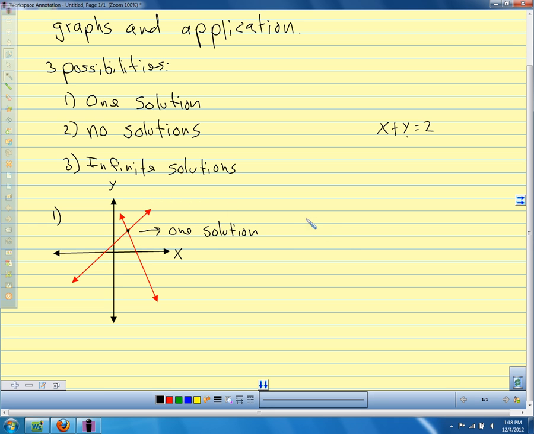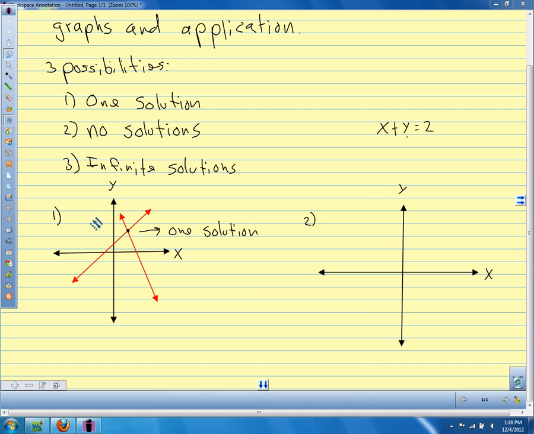Our second case, let's draw a quick sketch of that. So our x and our y axis like this again. That's y and that's x. If we have no solutions, does anybody know what the graph looks like for no solutions?